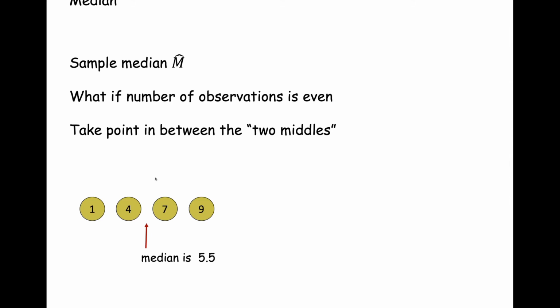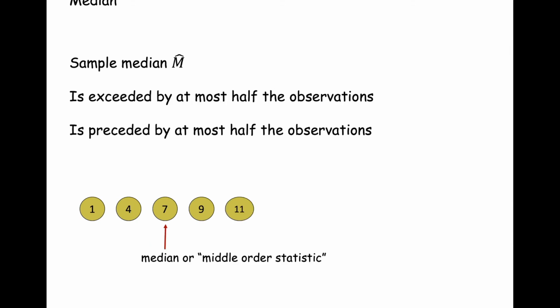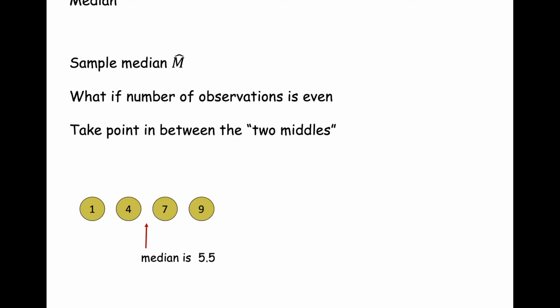So let's take a look at the case where the number of observations is even. To compute the sample median, we still have the idea of exceeded by at most half and preceded by at most half of the observations. If we have an even number, there's really no middle. In essence, there are two middles. We take the point that we synthesize, we calculate from the two middles. In this particular case, we have 4 items of value 1, 4, 7, and 9, and we put them in non-decreasing order.